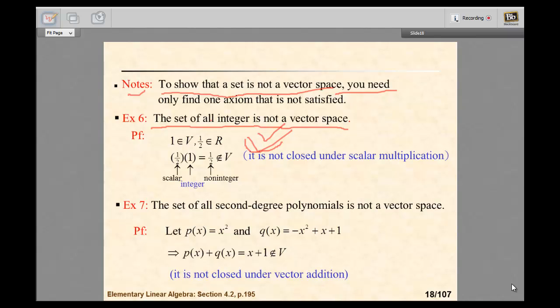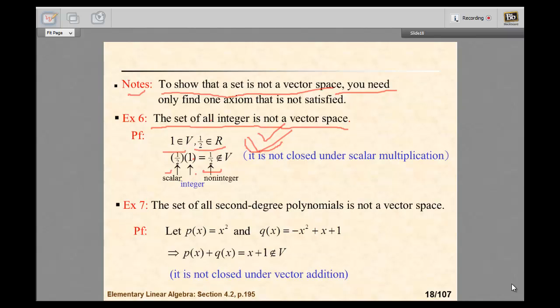It is not satisfying. So the one law is, if we take a vector that belongs to a vector space, and 1 by 2 belongs to the real numbers. When we multiply 1 by 2 with an integer, this is a vector and this is a scalar. When we multiply 1 by 2 with 1, we get 1 by 2.